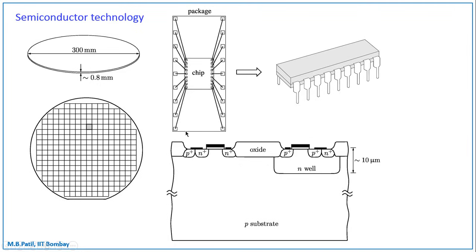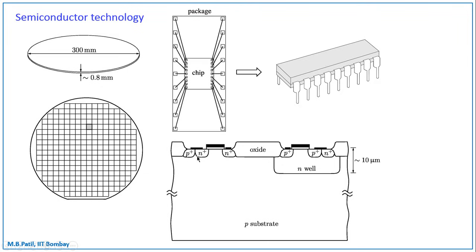Alright, this is what the cross section of this wafer looks like after all the processing steps are over, and we see several small regions. Here we have N-type doping, here we have P-type doping, and so on, and we will take a look at part of this, how it is done.